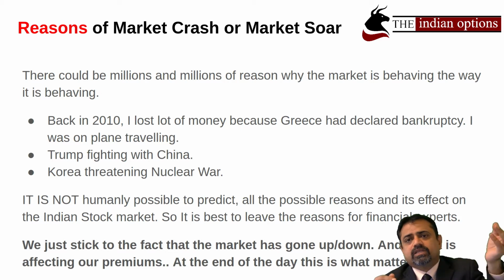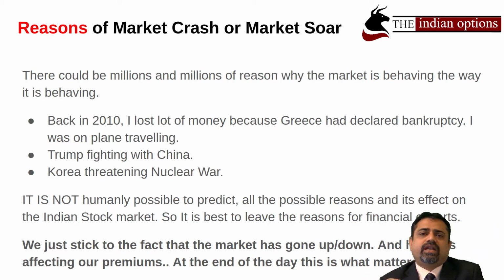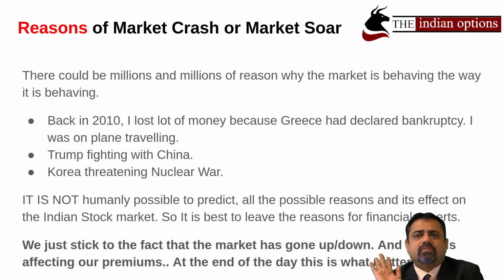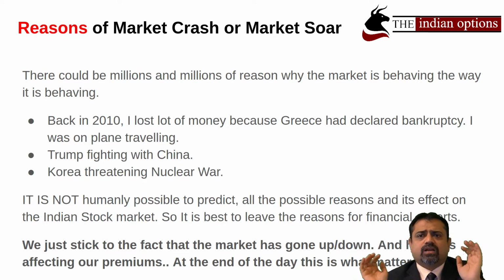Or Trump is fighting with China now. Every time there is some trade war going on, every time he makes some comment on his tweet or something, the market goes up and down. What kind of technical ability or technical knowledge do you have, and what difference is it really going to make? I mean, Korea threatens nuclear war and our markets go down.